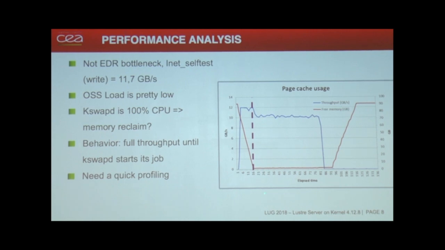And we can watch here that until memory is full, we have the bandwidth to the EDR. When the memory is full, here we are stuck to 10 gigs. Again, it will be interesting to know what is going on inside Lustre.